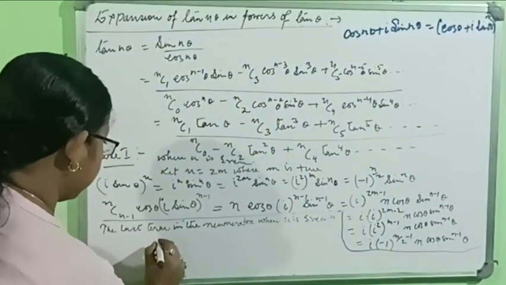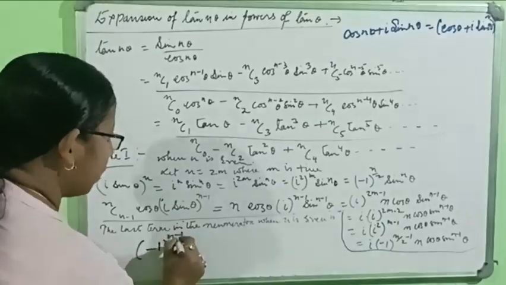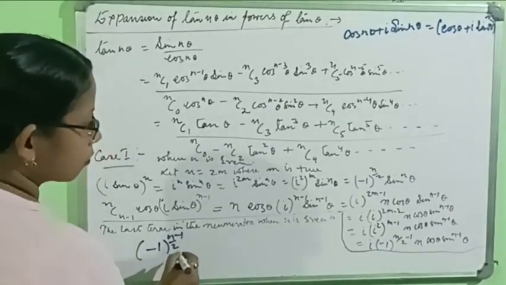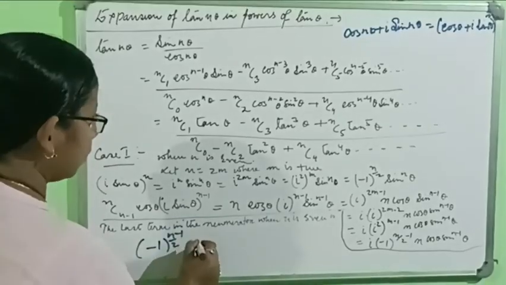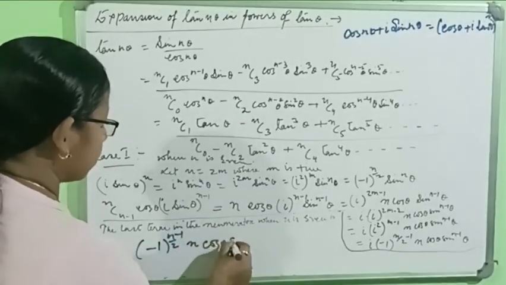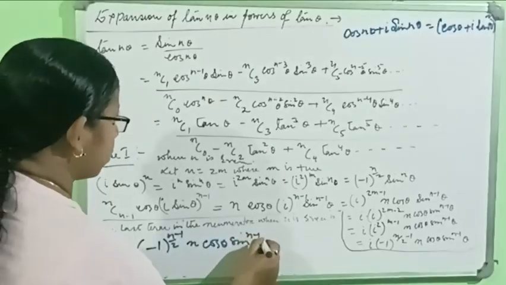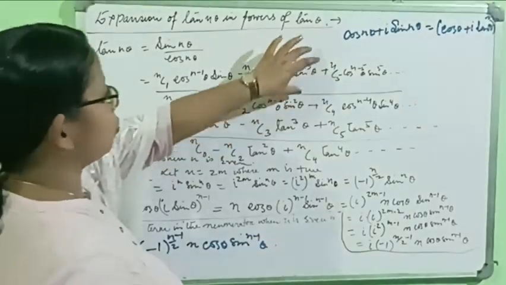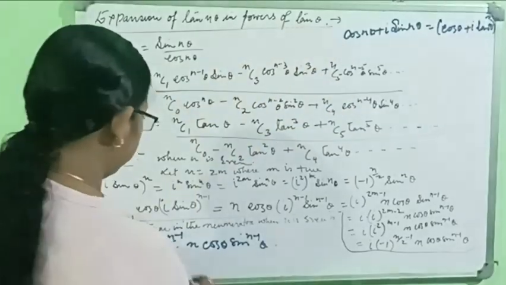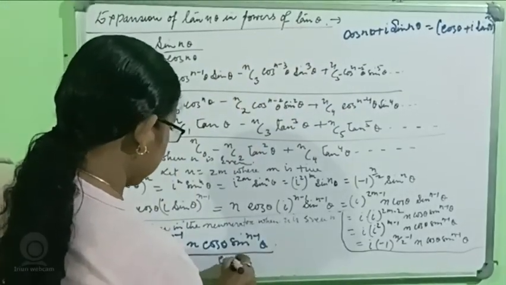That is minus 1 to the power n minus 1 by 2, and cos theta sine n minus 1 theta. To obtain this series, we have divided the numerator and denominator by cos n theta.